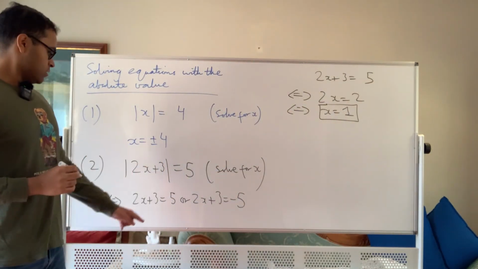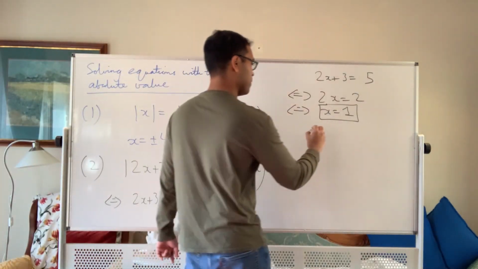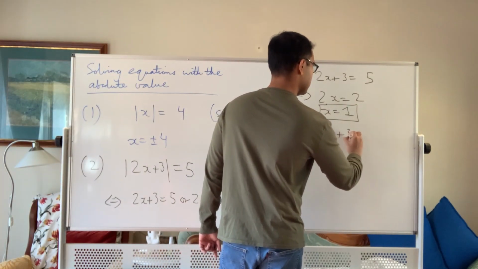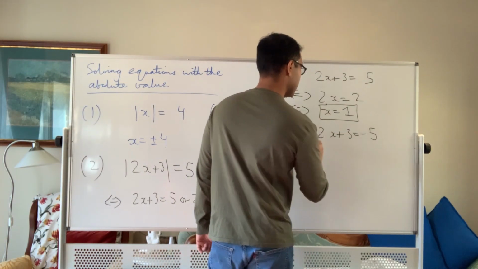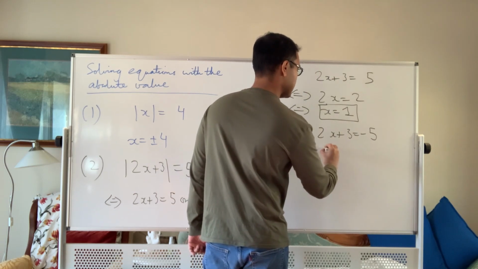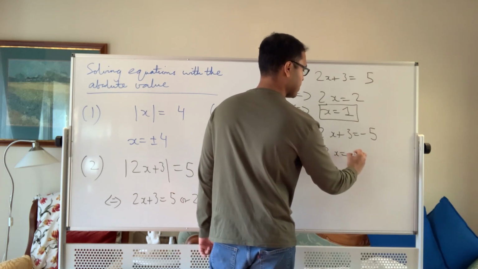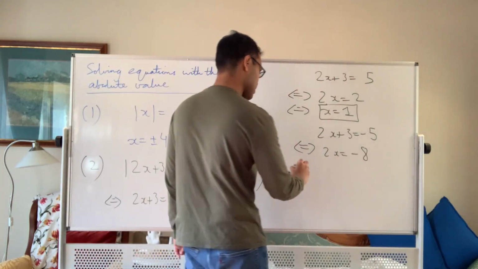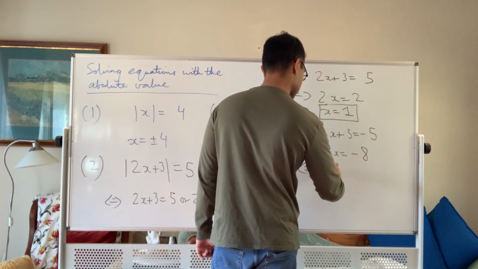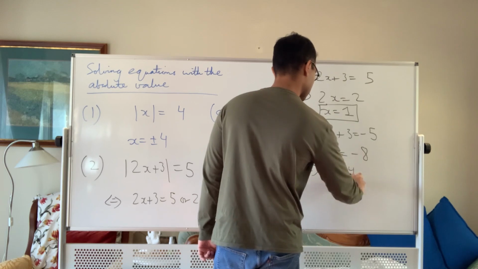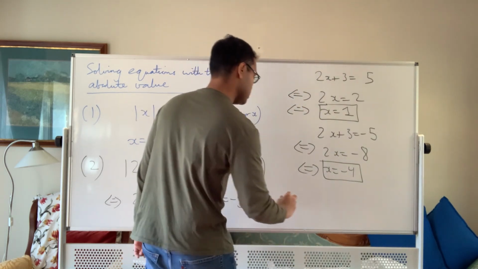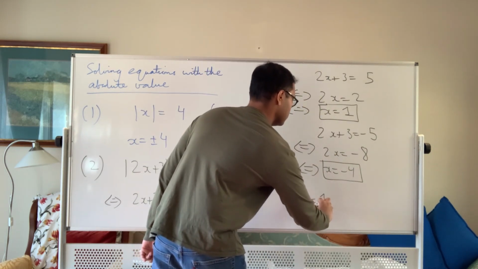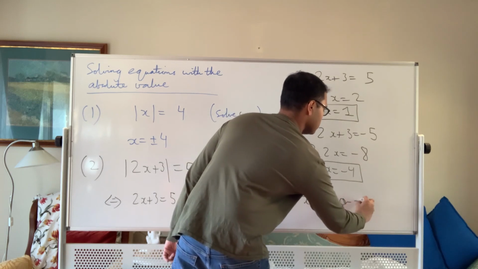The other equation, 2x plus 3 equals minus 5, is going to be the same as saying that 2x is equal to minus 5 minus 3, which is minus 8. So subtract 3 on both sides. And that's the same as saying that x is equal to minus 4. So therefore the solutions are x is equal to 1 or x is equal to minus 4.